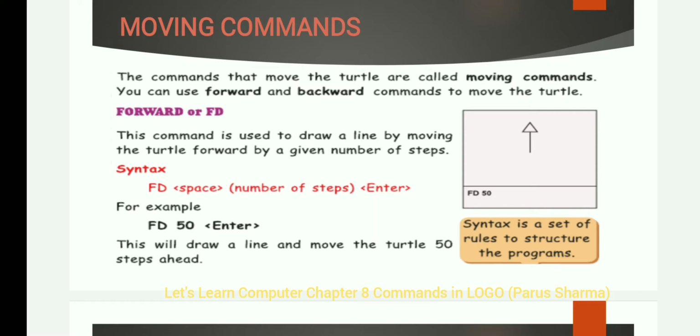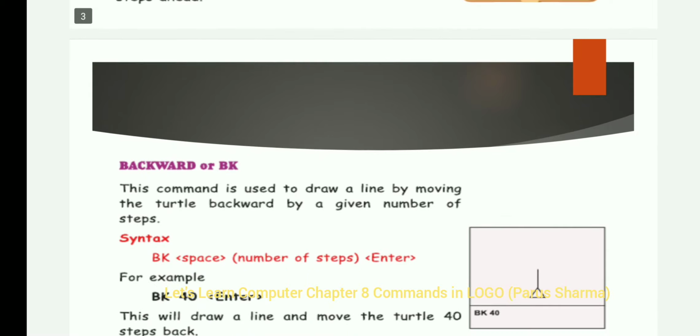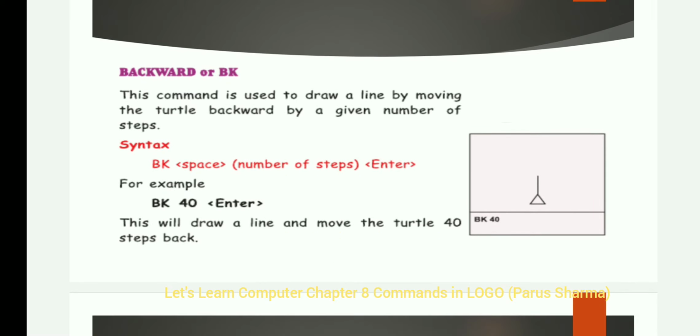Then we write the FD command with the number of steps. Or if we want to move the turtle to the back side, we use the backward or BK command. That is used to move the turtle toward its tail position. We write BK with the number of steps, how many steps you want to move in the back position.